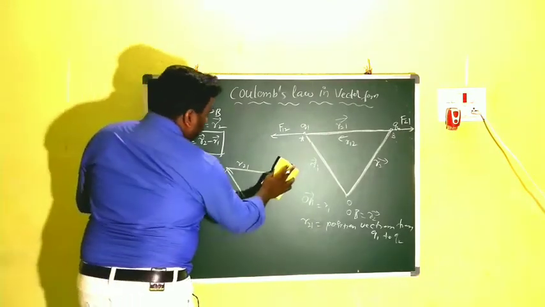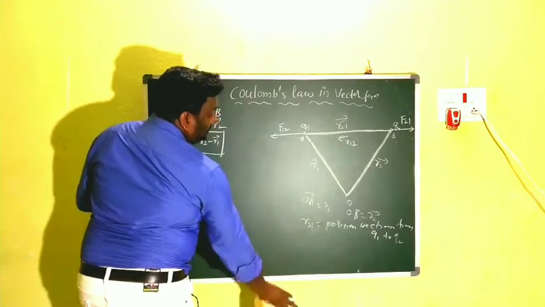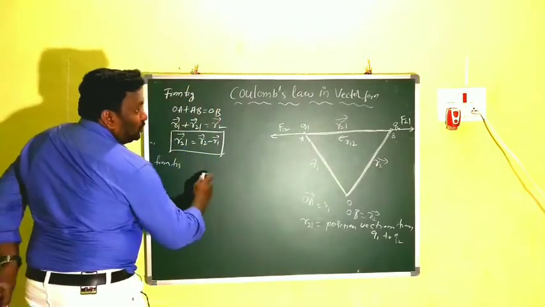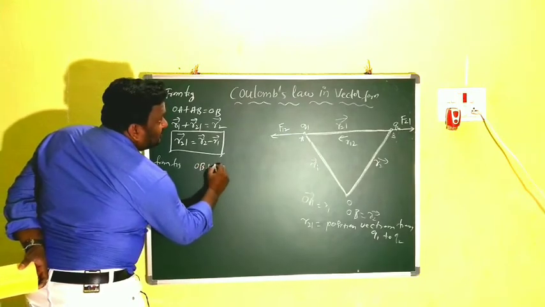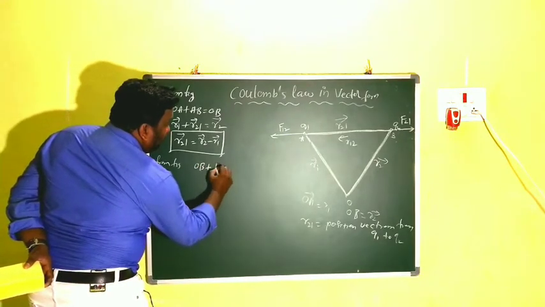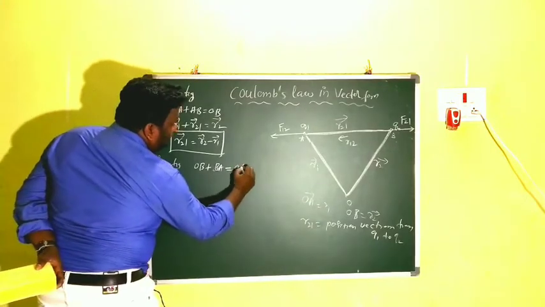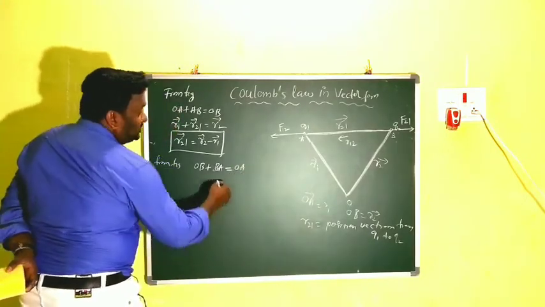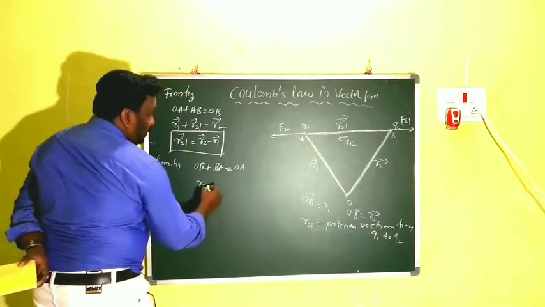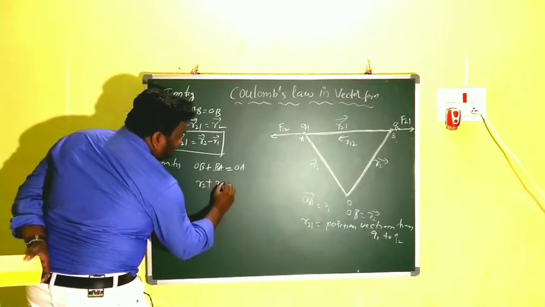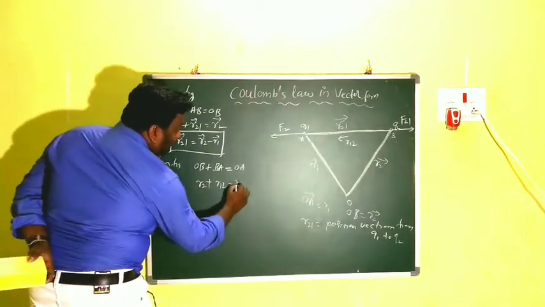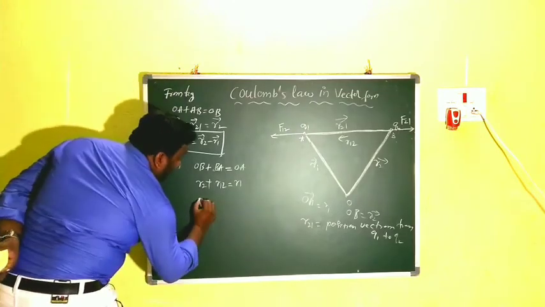So after that, here I am writing OB plus BA is equal to OA. OB means R2. BA means R12. OA means R1. Then write R12.